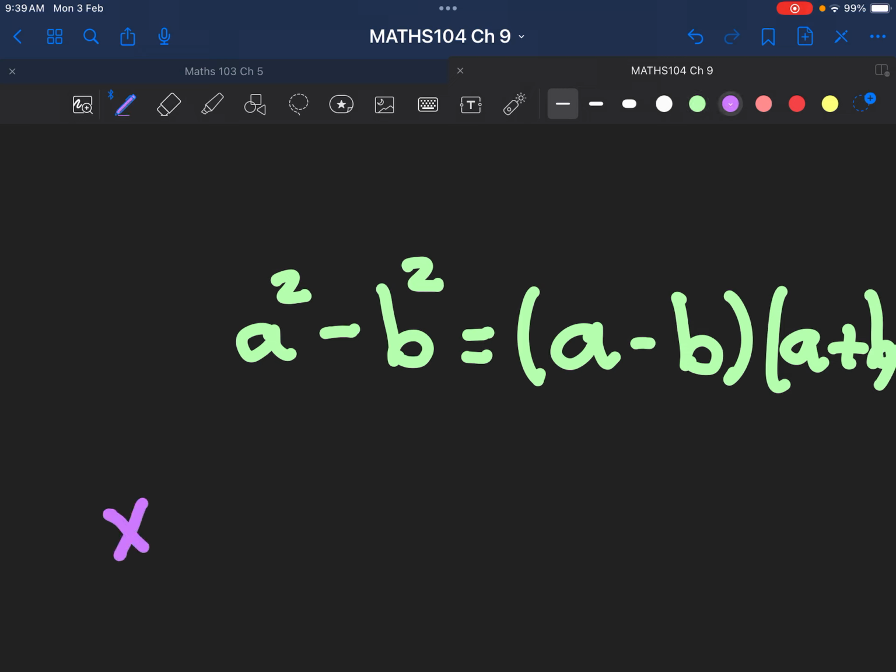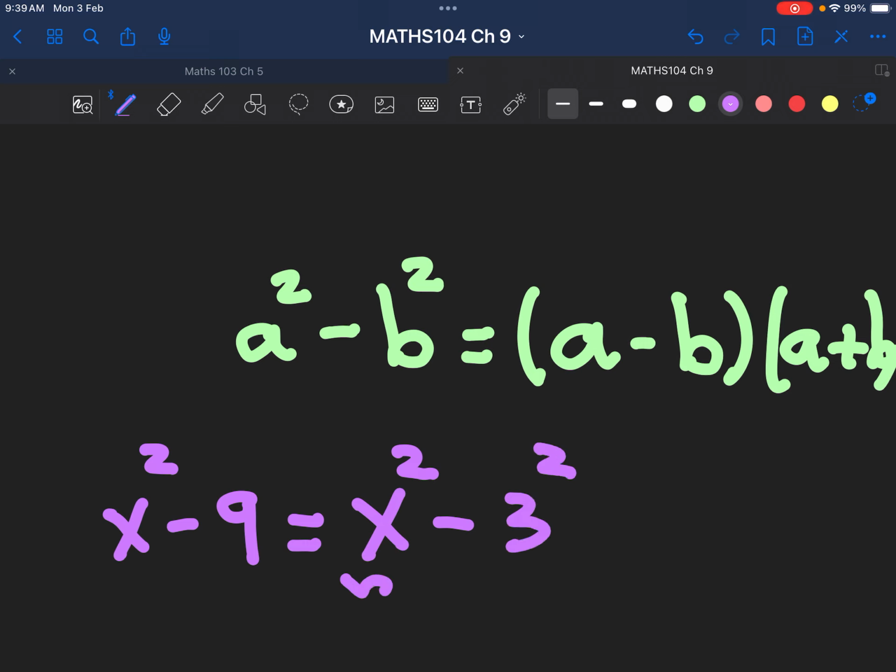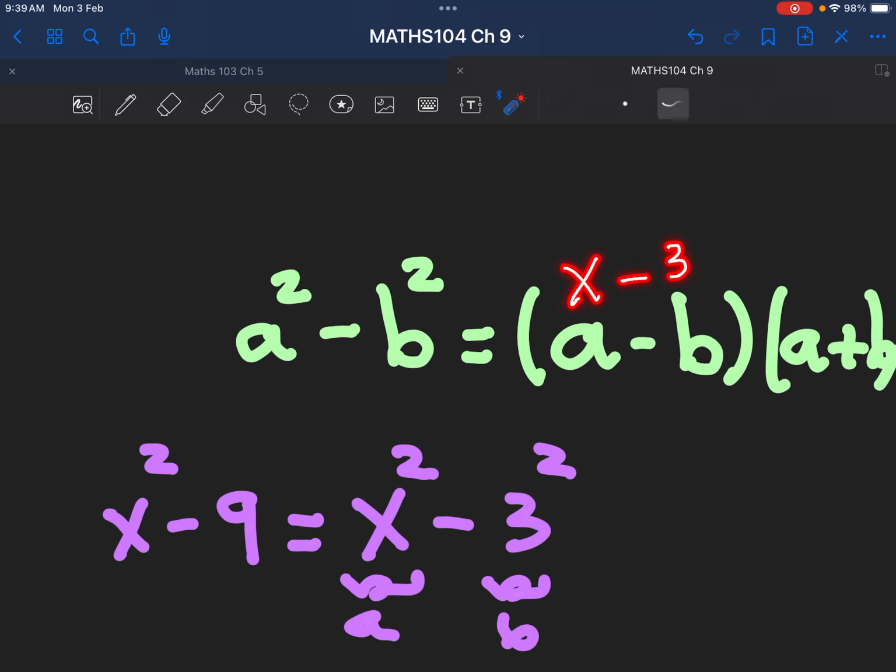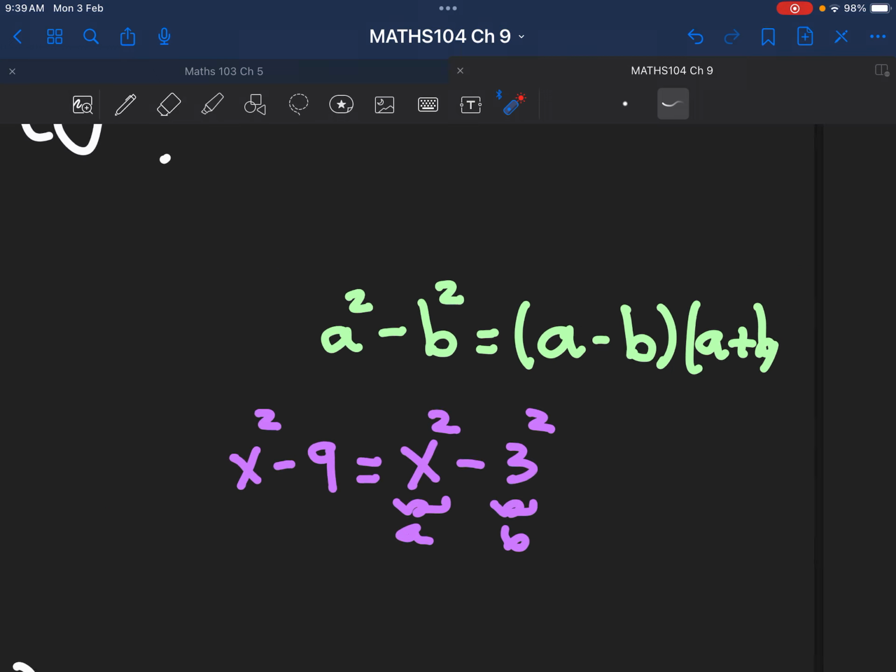We have x squared minus 9, and 9 is just 3 squared. So x will be my a, and 3 will be my b. So we get x minus 3 and x plus 3.